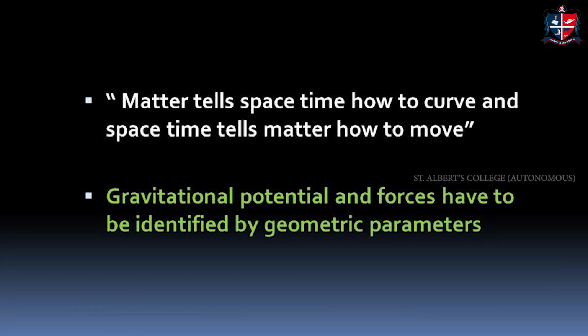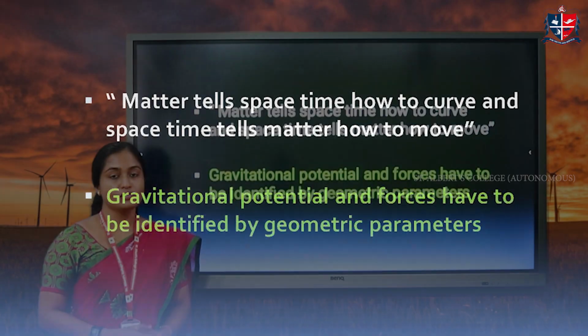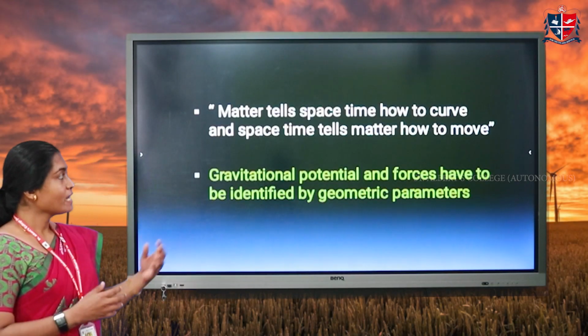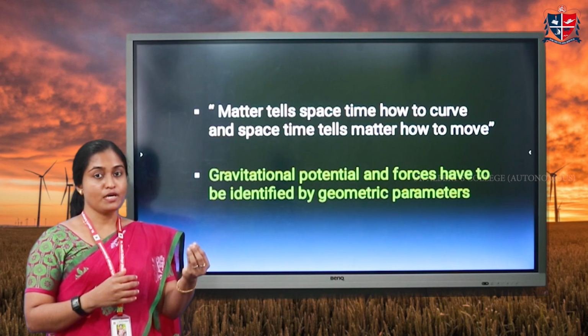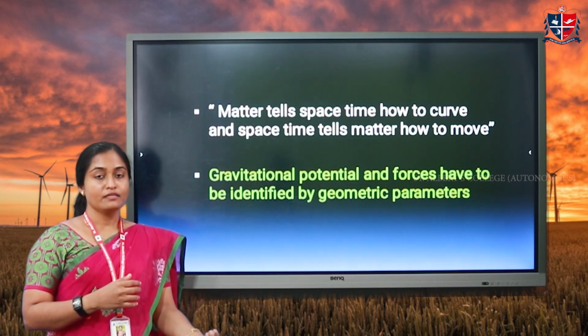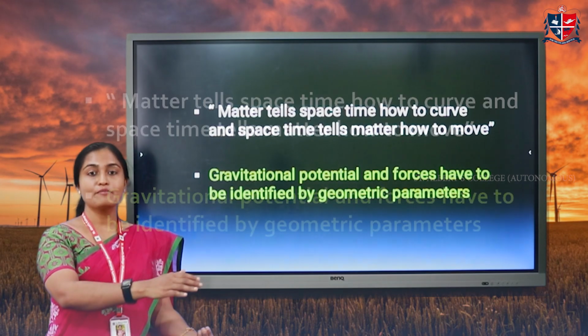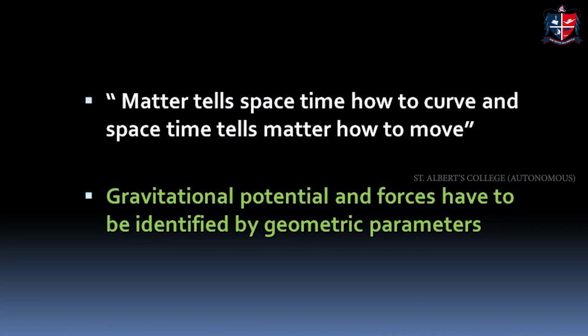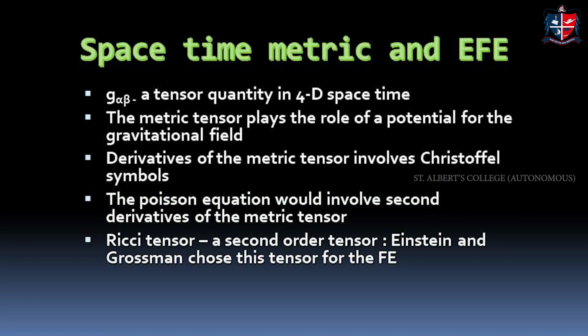Now this is the time to quote the words of Wheeler. Matter tells space-time how to curve, and curved space-time tells matter how to move. Therefore, gravitational potential and forces have to be identified by geometrical parameters.